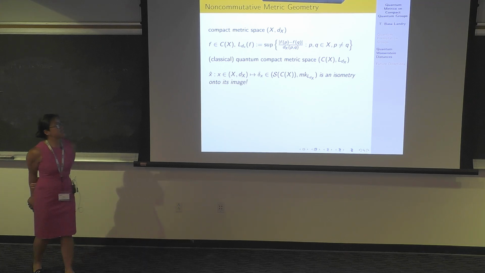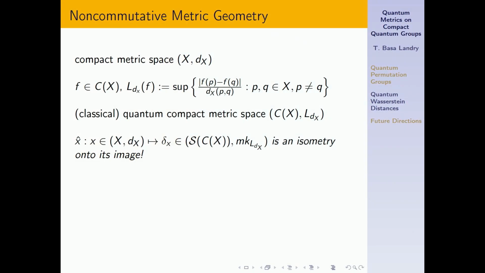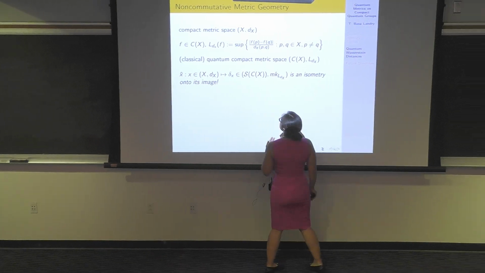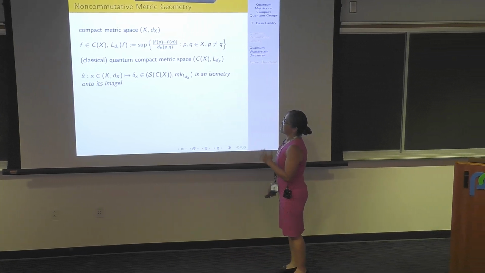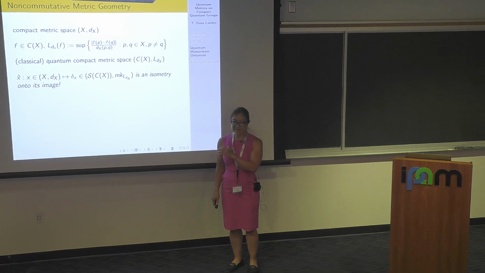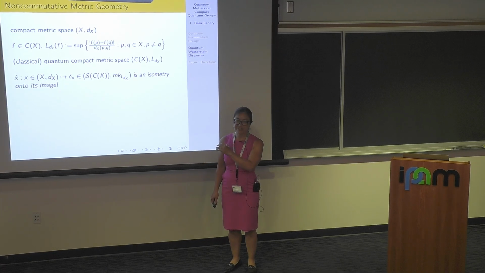And so his development can be seen as non-commutative metric geometry, and that's because every compact metric space gives rise to a quantum compact metric space, and the choice of Lip-norm is the natural one coming from the metric on the space. And more importantly, for metric spaces, it turns out that the original space is embedded in the state space equipped with this Monge-Kantorovich metric.